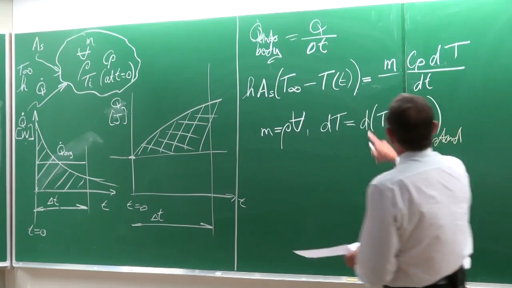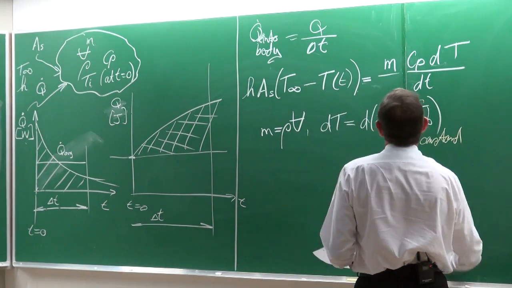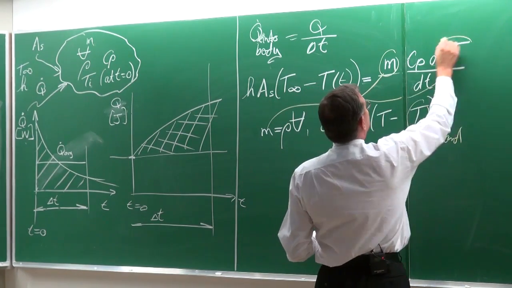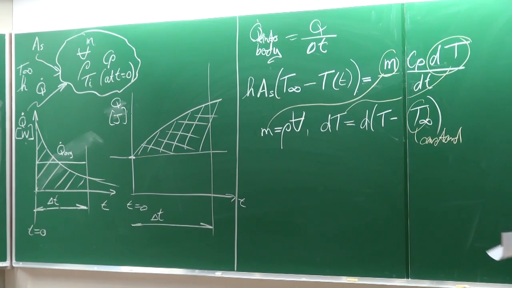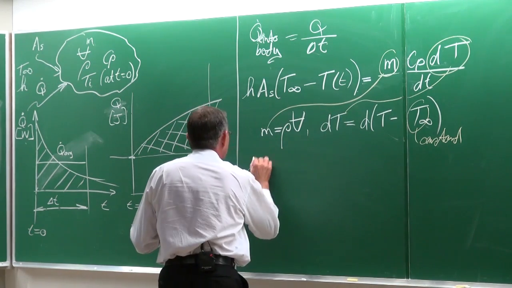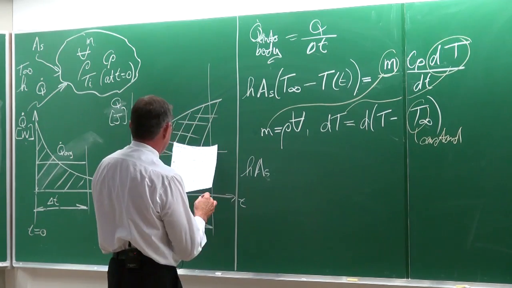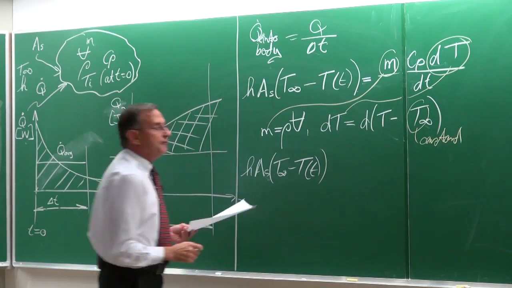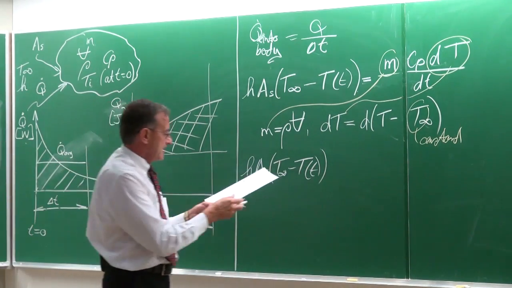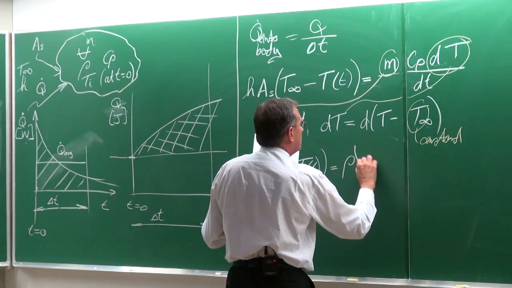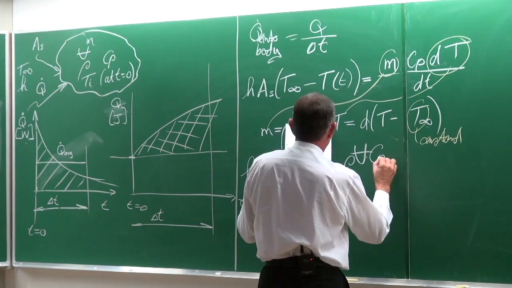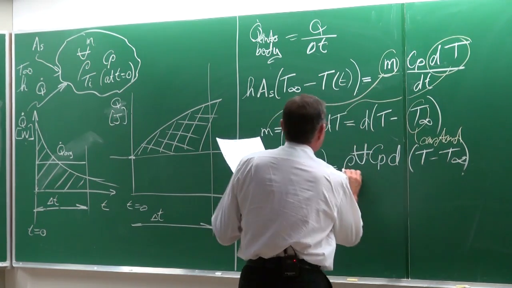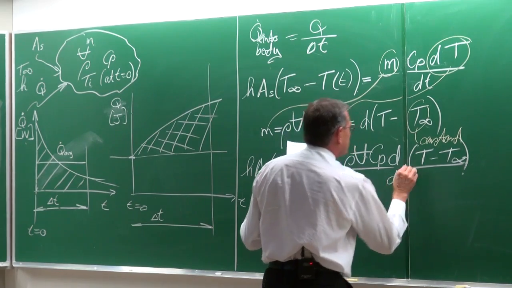So if we substitute that in here, we can write this equation as the heat transfer coefficient multiplied by the surface area, times T infinite minus the temperature of the body at any specific time t, is equal to rho multiplied by the volume multiplied by Cp multiplied by d(T minus T infinite) divided by dt.